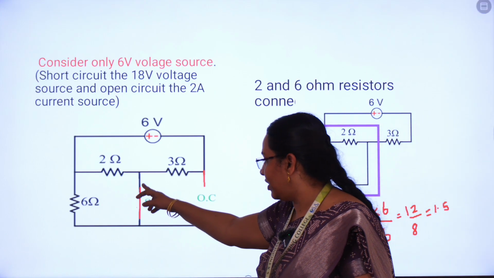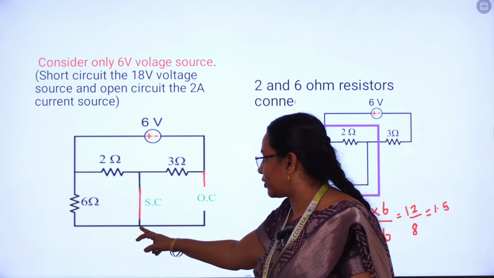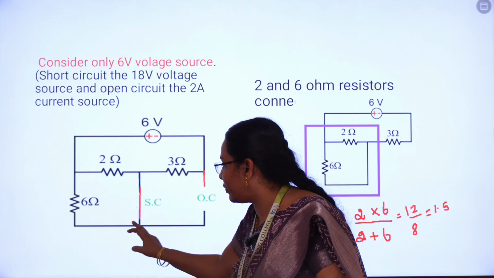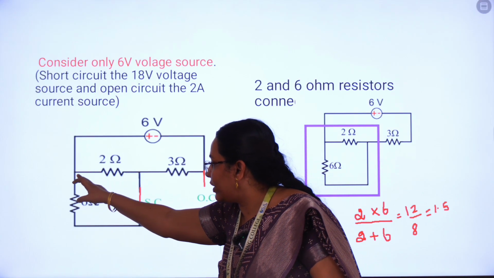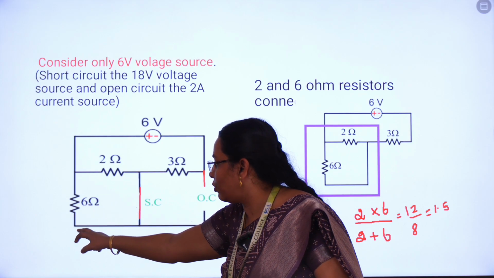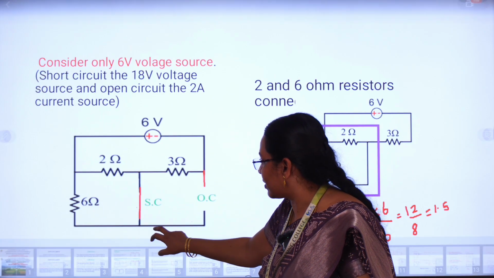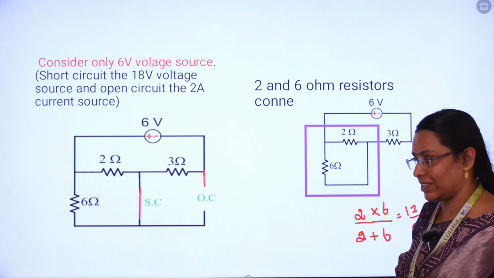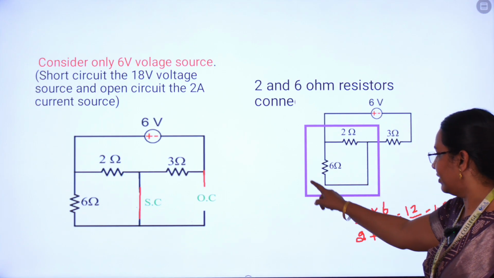Whenever the voltage source is short circuited, this 2 ohm as well as 6 ohm should be connected in parallel. One end of the 2 ohm is connected to the 6 ohm and the other end of the 6 ohm is connected to the 2 ohm. So the 6 ohm and 2 ohm resistors are connected in parallel.